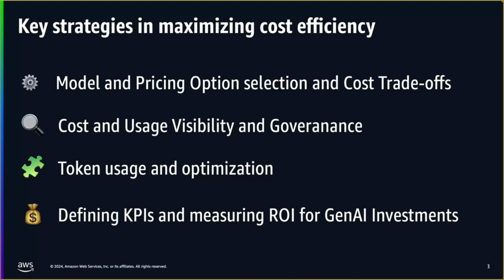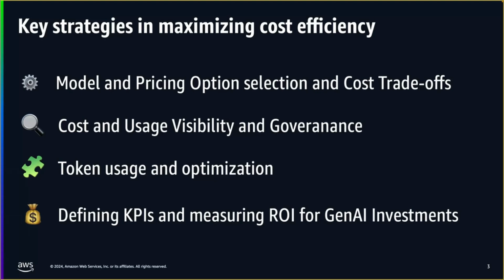Another strategy which should be well considered is the governance around generative AI workloads, and we are going to talk about this later as well. How you approach governance of your workloads to make sure that you stay within the budgets, you can react to unexpected spikes, you can predict the cost and usage of your workloads, and so on.